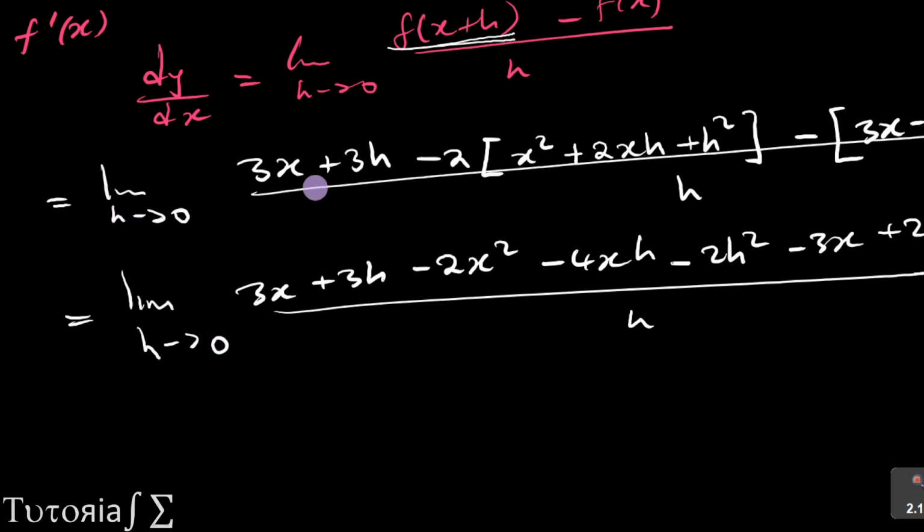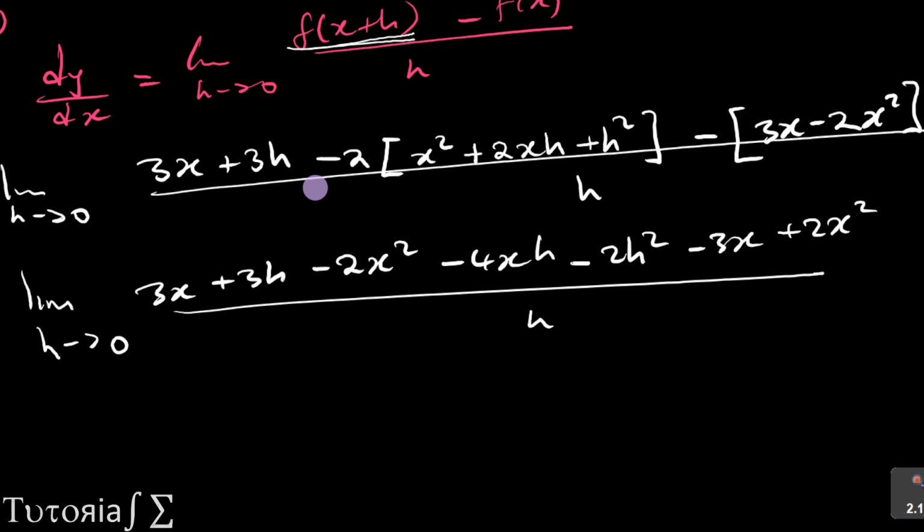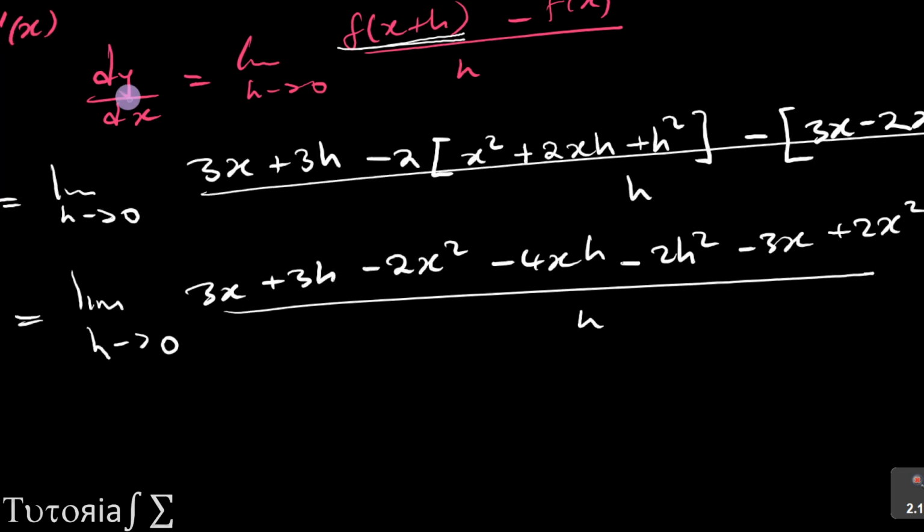Here we see that there are like terms, and they have different signs. So most likely they'll cancel out. So we see this and this will cancel out. We have this and this cancel out. So those are the variables that will cancel out.